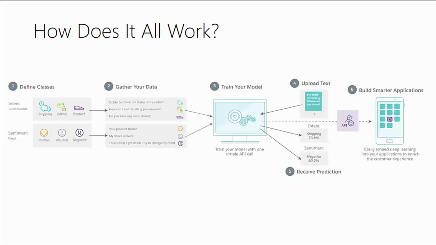Based on the result, obviously we understand that the intent is shipping, and then you can work on building smarter applications in the final step. You can easily embed this deep learning into your applications to enrich the customer experience. So this is the flow of Salesforce Einstein intent.